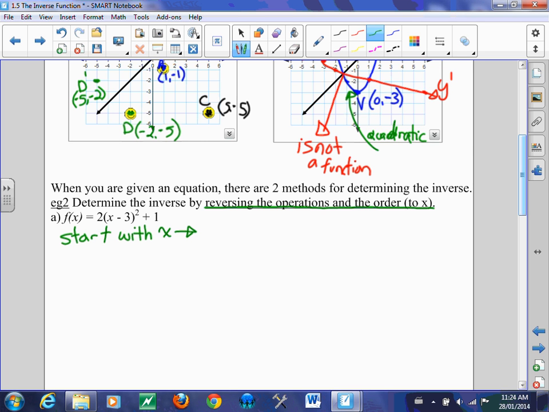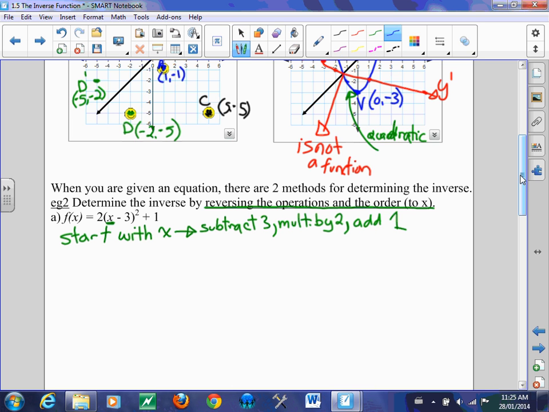So work inside here. The first thing we have to do is subtract 3. Then what do we have to do? Take that whole expression and multiply it by 2. Okay, after we multiply it by 2, we have to do what? Add 1. We've got our expression.